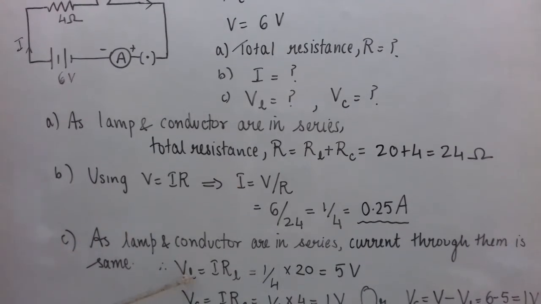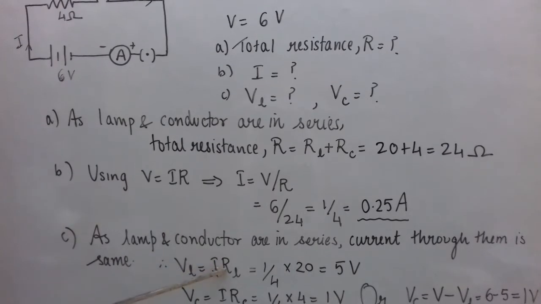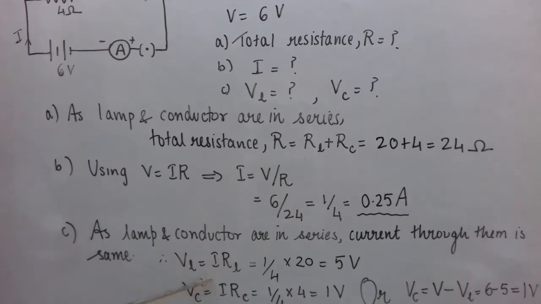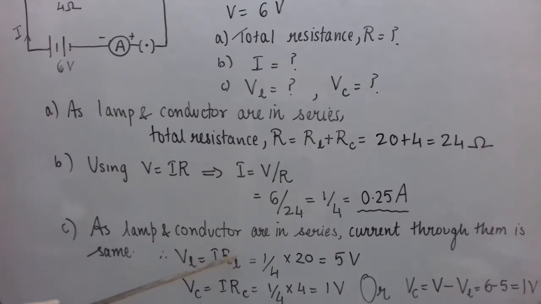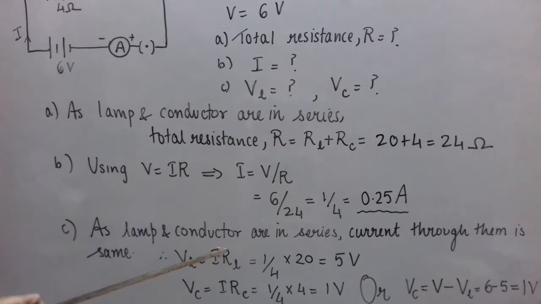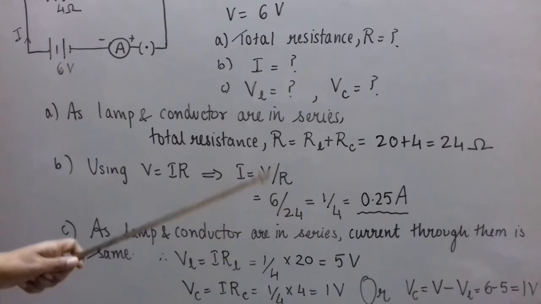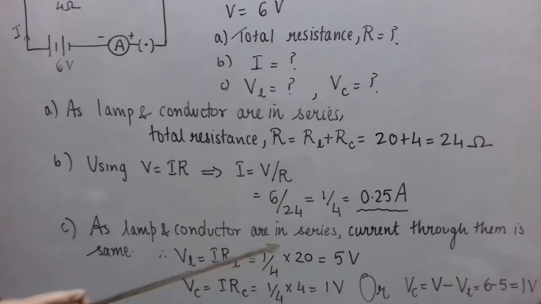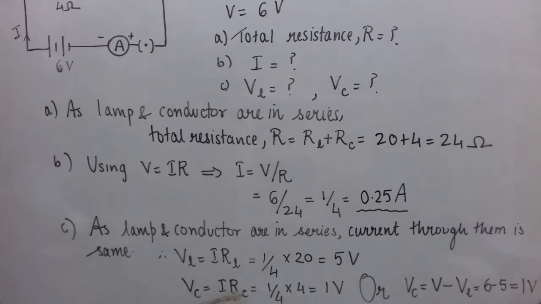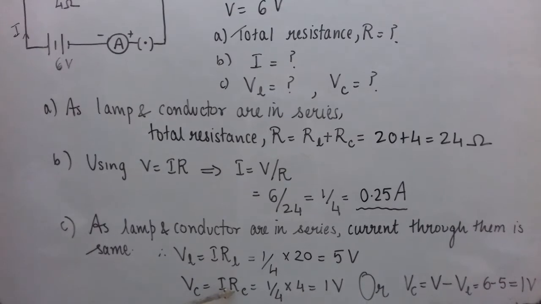So VL will be equal to I RL and VC will be equal to I RC. I will be constant in both as they are connected in series. Now just put the values of I and RL here. To make the calculation simpler, instead of 0.25 I have put 1 by 4. So 1 by 4 into 20, 5 volts, and VC is I RC. Putting the values of I and RC, I get VC is 1 volt.